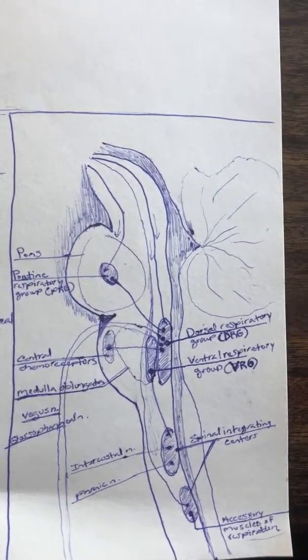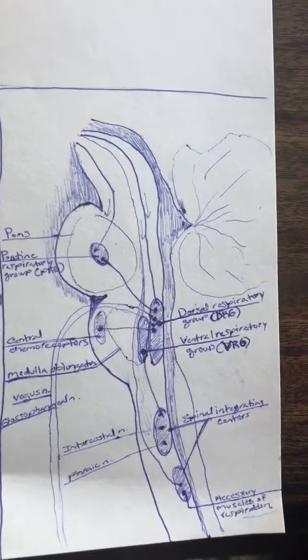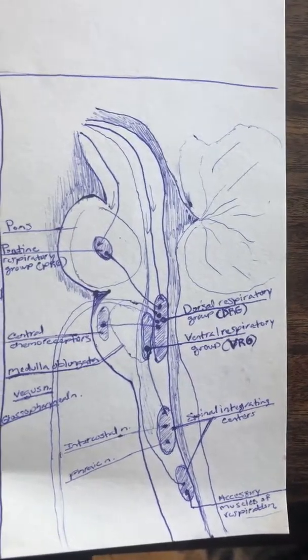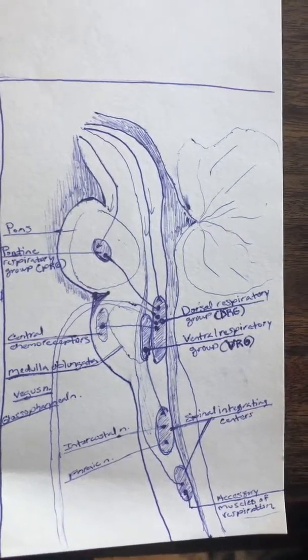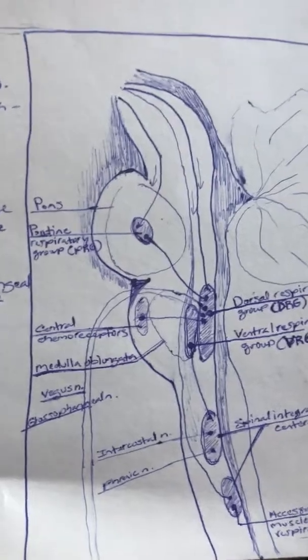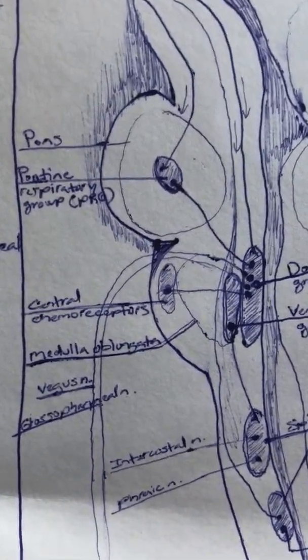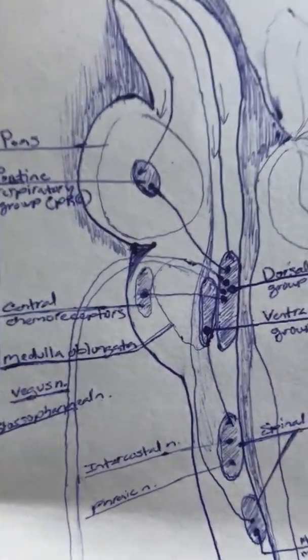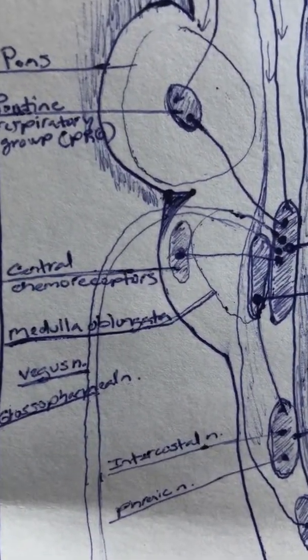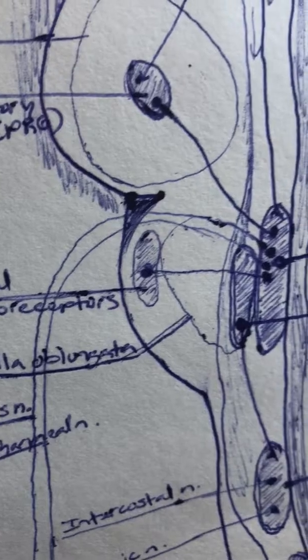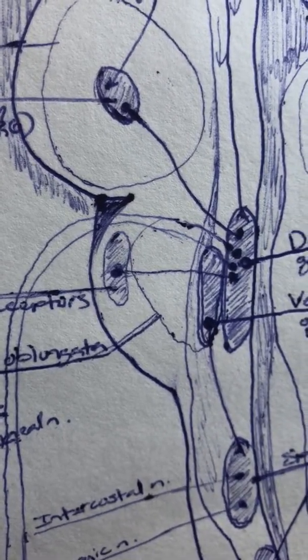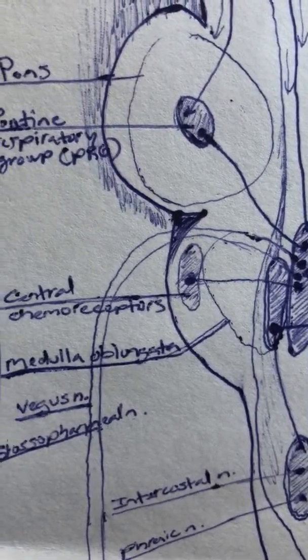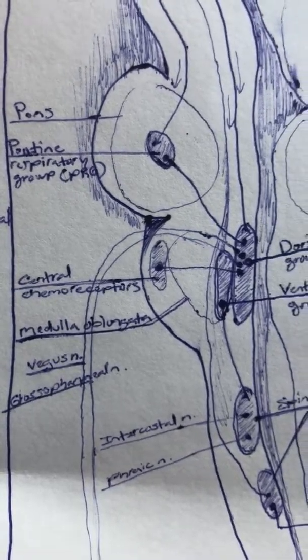The vagus and glossopharyngeal nerves bring sensory impulses to the DRG from the lungs and airways, and the peripheral chemoreceptors, which we talk about over here. They communicate between the joint in these areas.